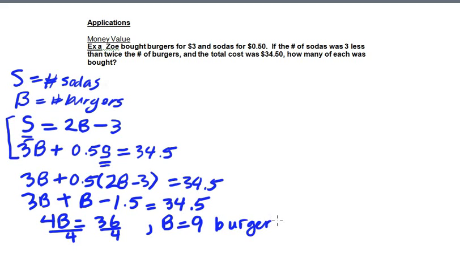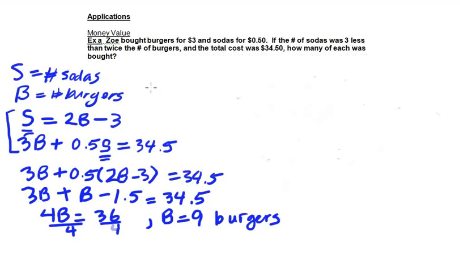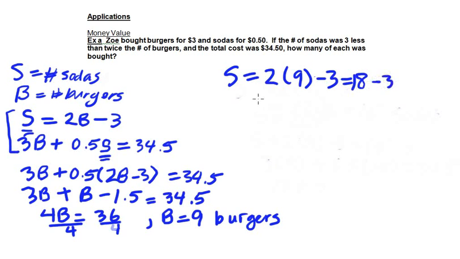Now, to solve for S, the number of sodas, we can use this equation here, where S is isolated, and plug in for B. So we've got S is equal to 2B, so that's going to give us 2 times 9 minus 3, and that's equal to 18 minus 3, which is equal to 15 sodas.